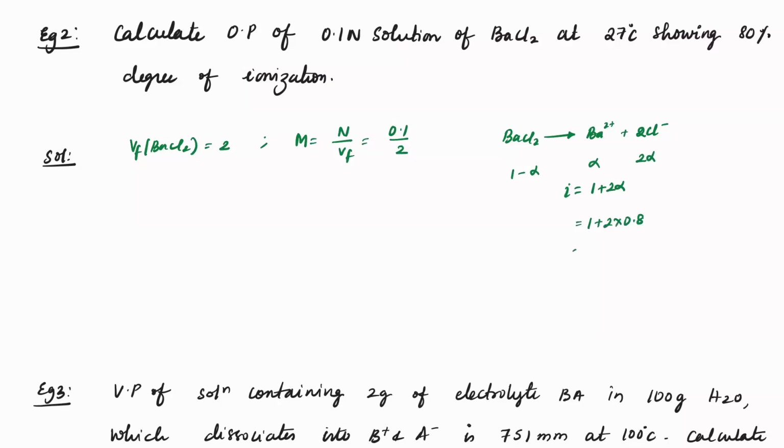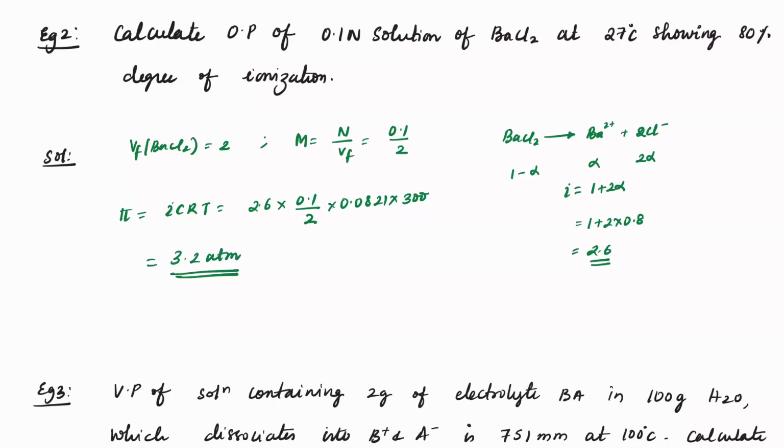So we are getting the Van't Hoff factor as 2.6. Correct? So substitute that value. So pi is equal to i into CRT, where i is equal to 2.6, concentration is 0.1 by 2 into 0.0821 into temperature, and temperature is 300. Solving this, I am getting 3.2 atm.